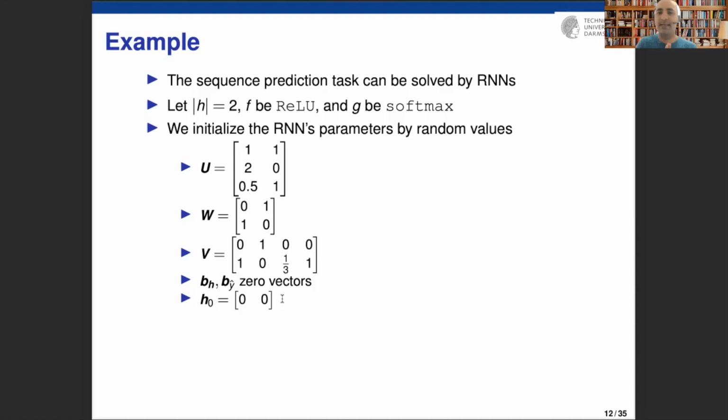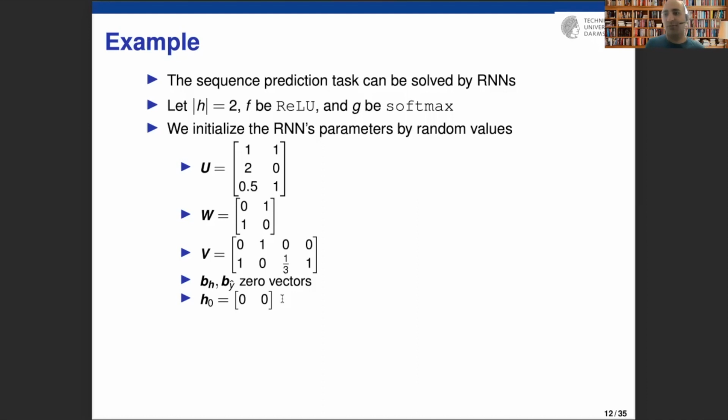Since the task is sequence prediction, we can focus on an RNN. Whenever we have sequence prediction, we always go for an RNN. As a hyperparameter, we should define the dimensionality of the hidden state, which let's say is 2, and we have two activation functions.